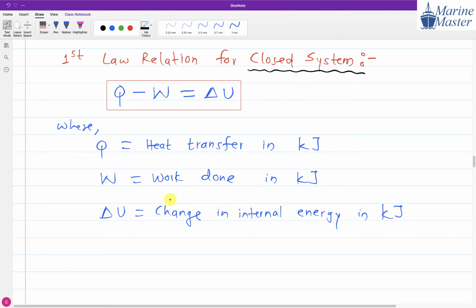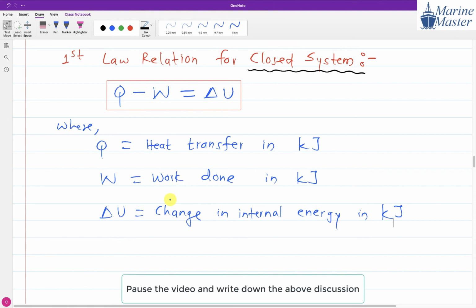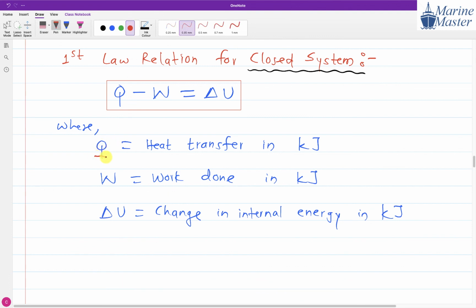Please write down this discussion. So here every term is in kilojoule. Underline this Q. Q is heat transfer; that is the first time we introduce the word Q.